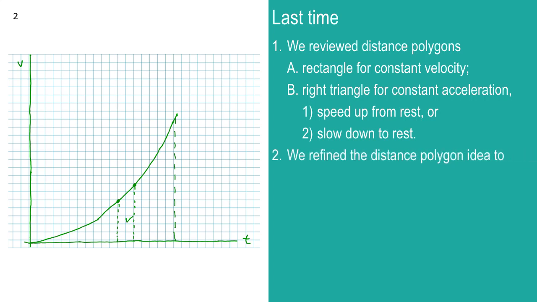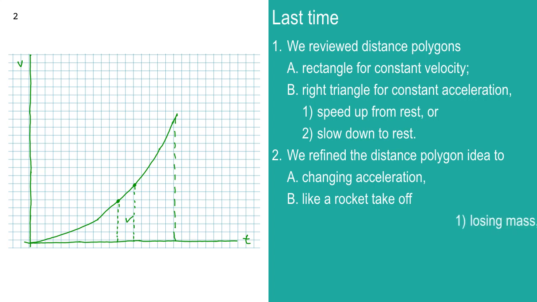We talked about a refinement of the distance polygon concept to an object with a changing acceleration, for which my example was a rocket on takeoff, which is losing mass and therefore increasing its acceleration. So for every cubic meter, or for every pound of rocket fuel, every kilogram of rocket fuel that it oxidizes in the motor, it gets so much thrust.